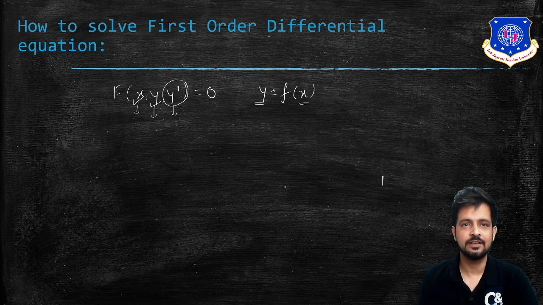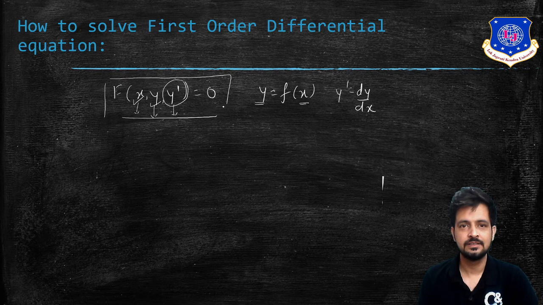Here y dash is also written as dy by dx. So this type of equation is the form of a first order differential equation.